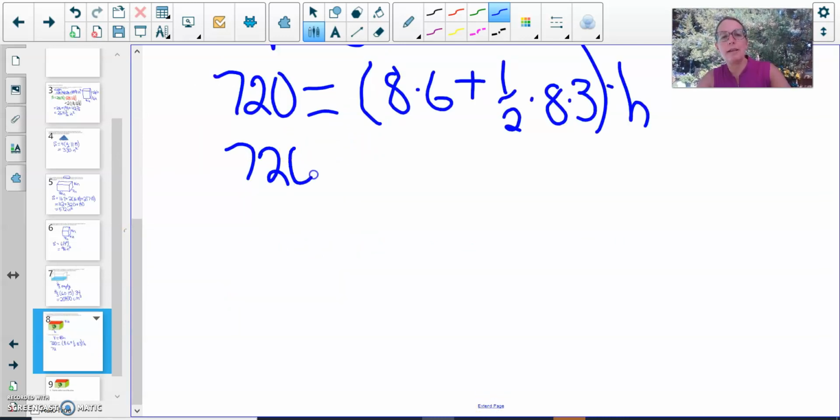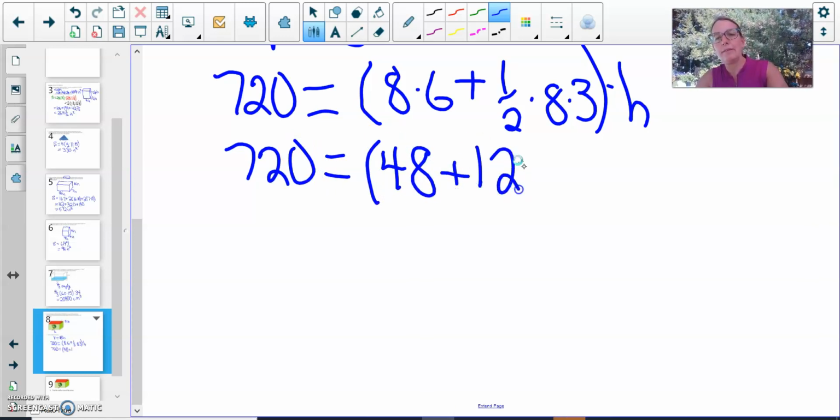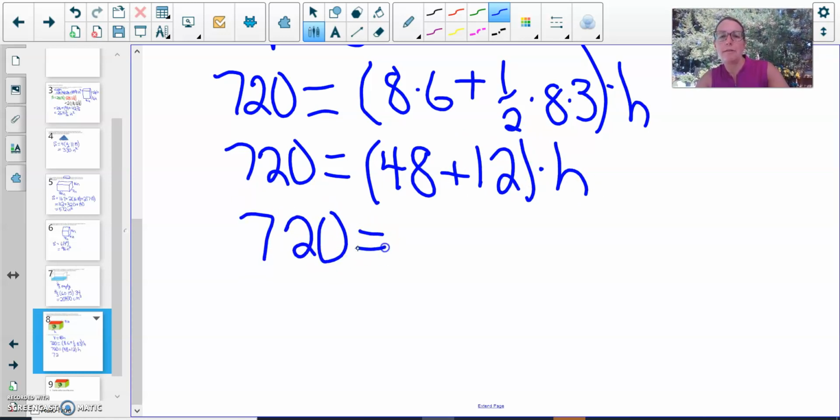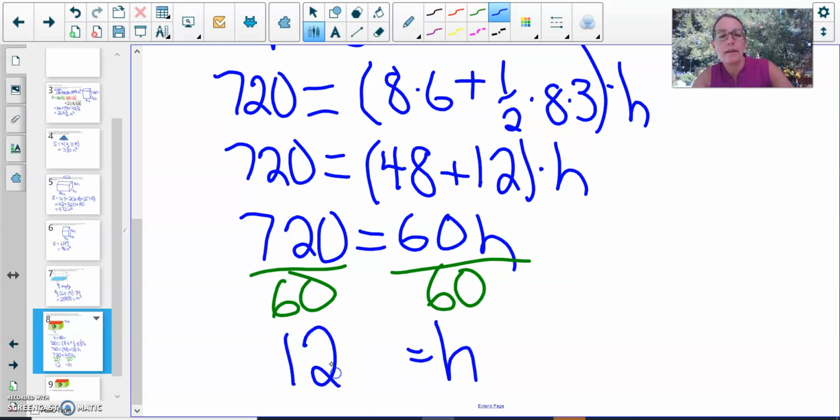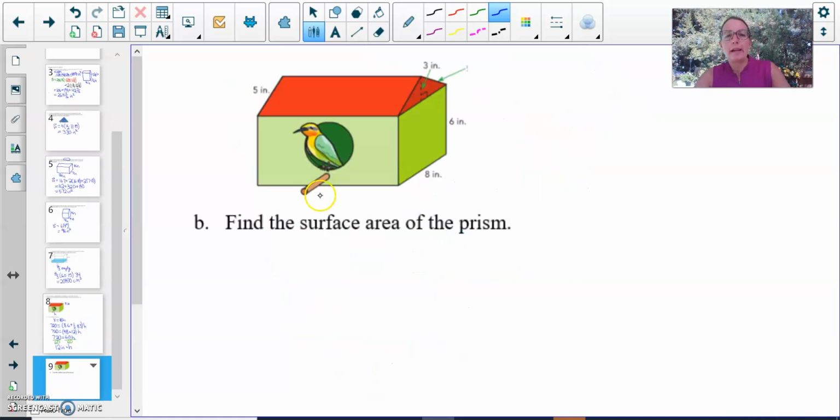We get 720 equals the quantity 48 plus 12, times the height. So 720 equals 60h. Divide by 60. Using my calculator, I get my height is 12. I want to say it was inches. Yeah, 12 inches.